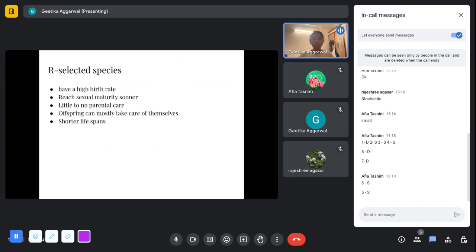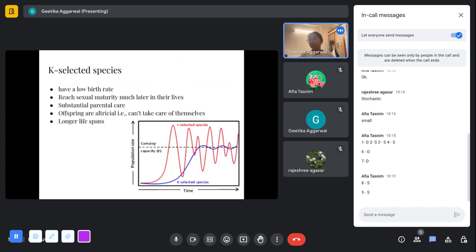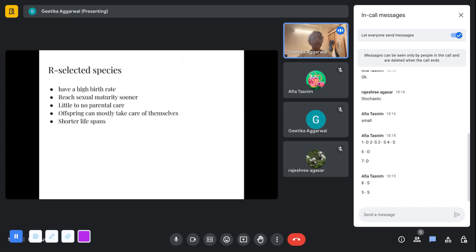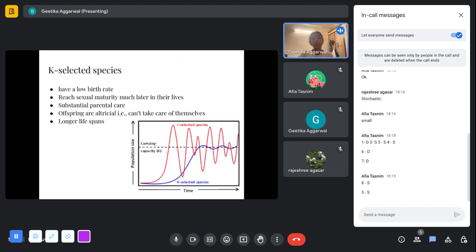And opposite to this will be the K selected species, which will have all of these things opposite. The R selected species have a higher birth rate, the K selected species have a low birth rate. They reach their sexual maturity later in life, after some amount of their lifespan. They have substantial parental care. They spend a lot of time taking care of their offsprings. And since they have a low birth rate, they have a few offsprings, one or two per reproduction bout.